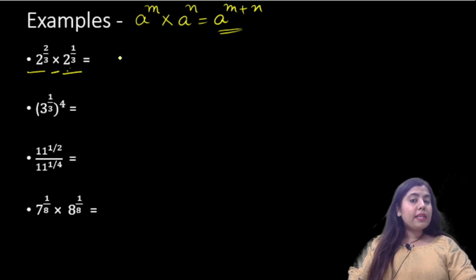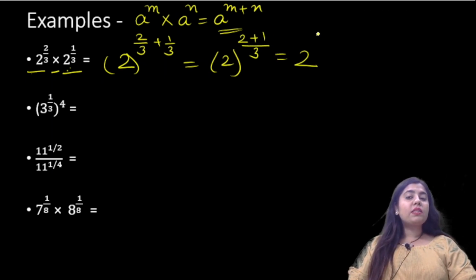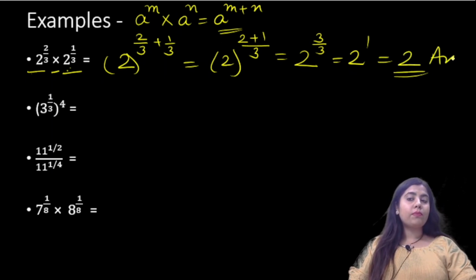So it will become base same, 2 raised to the power, powers will get added, 2 by 3 plus 1 by 3. The powers are rational numbers, so we take the LCM, which is 3. In the numerator we get 2 plus 1, so it is 2 raised to the power 3 by 3. Now 3 by 3 is 1, so 2 raised to the power 1, and 2 raised to the power 1 means 2 only. This is the answer.